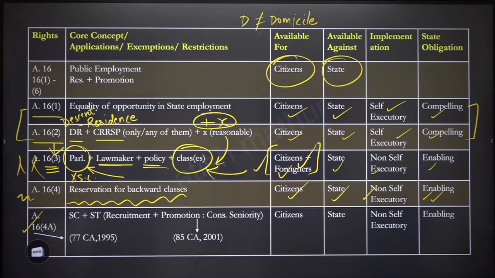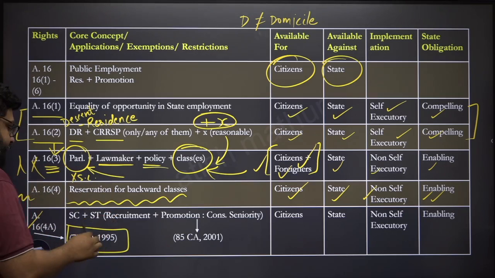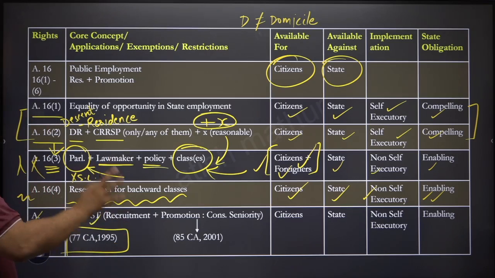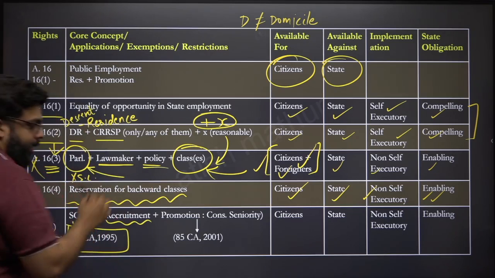Article 16 Clause 4A, right? Now, the article as a whole was added via the 77th Constitutional Amendment of 1995, which basically provides for reservation to SC and ST communities, and originally only in recruitment.